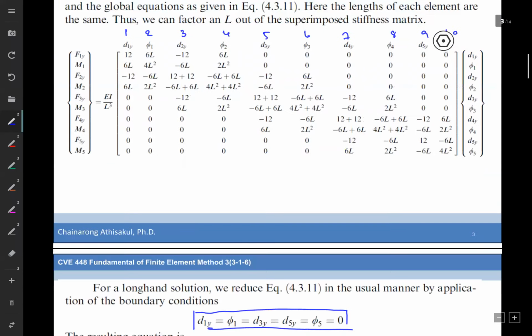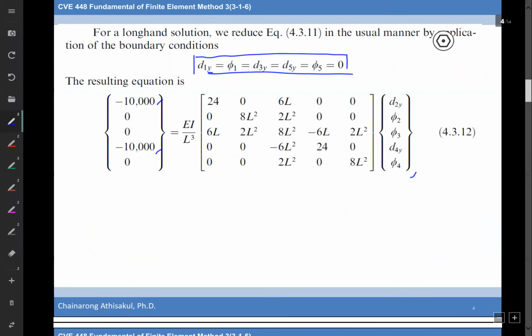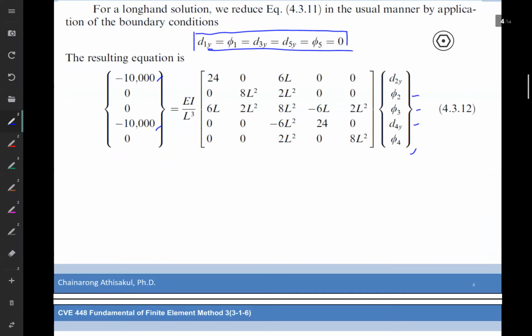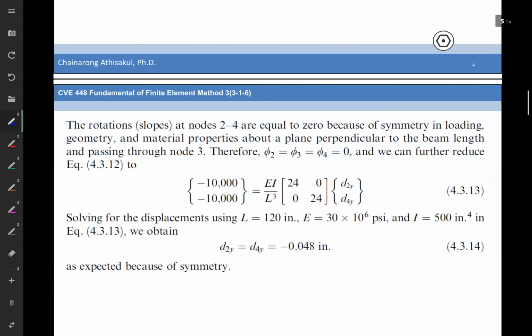According to this we may eliminate these 3 unknowns also. After we reduce, we can reduce this equation again to just 2 by 2.